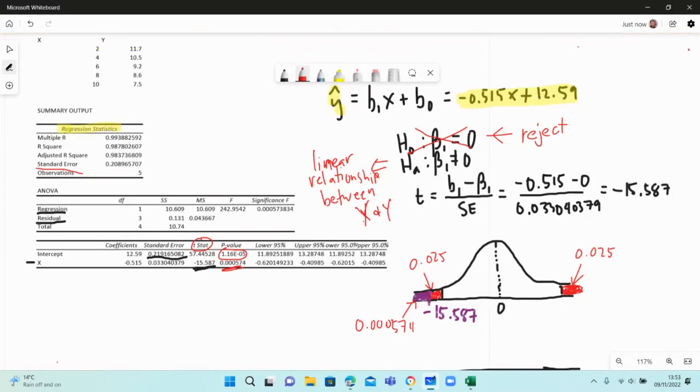Now, finally, we can focus a little bit on the confidence interval.